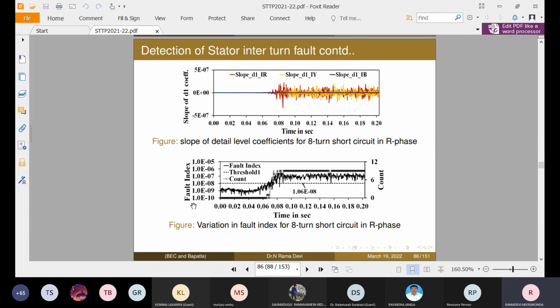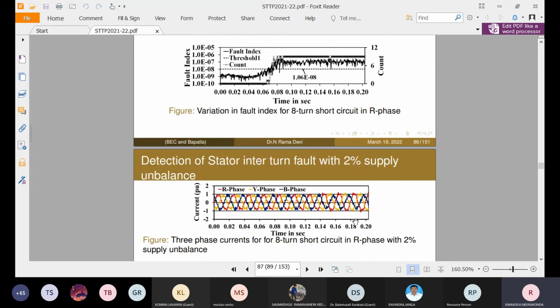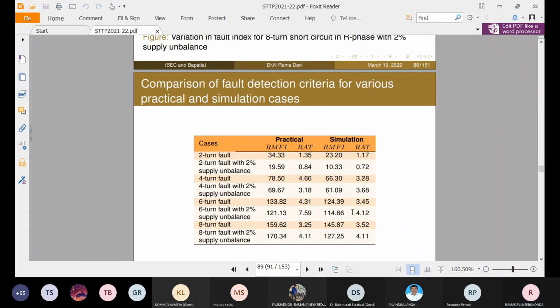And this is the fault index and count values corresponding to the 8-turn short circuit in R phase. Like that we created various faults and compared the fault detection criteria for various practical and simulation cases. Here these are the readings corresponding to the practical and these are the readings corresponding to the simulated.